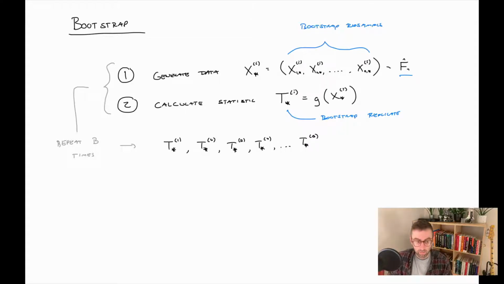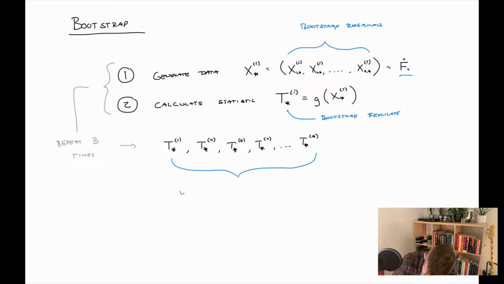Okay. And then you do that a bunch of times, B times. Okay, so then you have a bunch of bootstrap replicates, so sort of faked simulated values of the statistic that we're interested in.